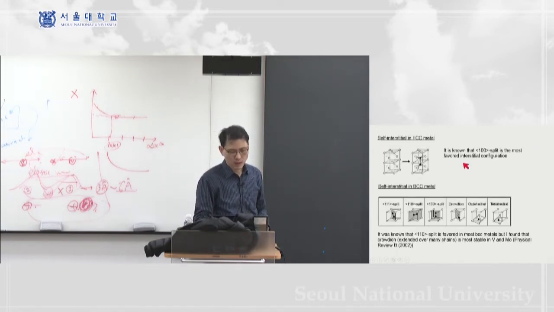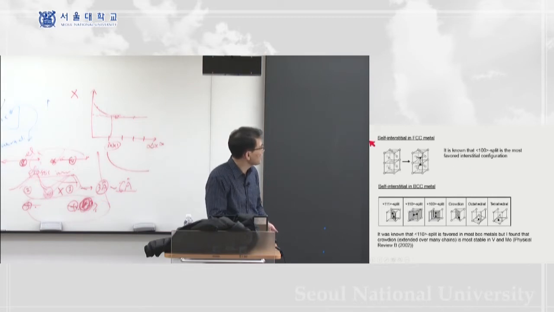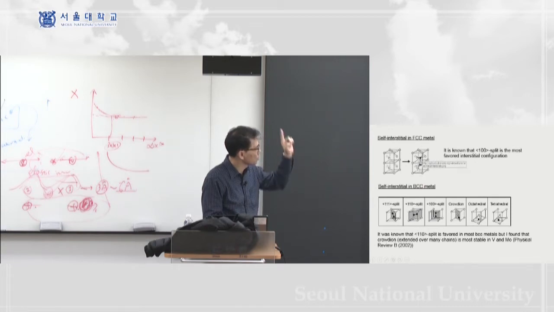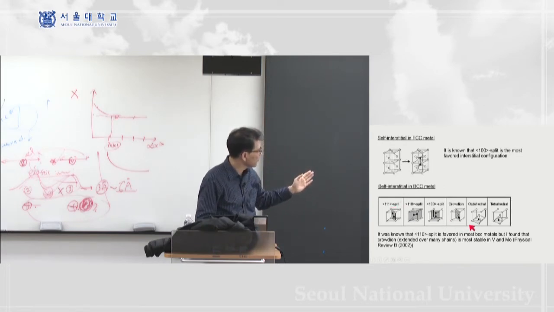In the case of FCC, it is known that in many FCC metals the interstitial is a 100 split, along the 100 direction. In the case of BCC metals, there are many different types of self-interstitial.